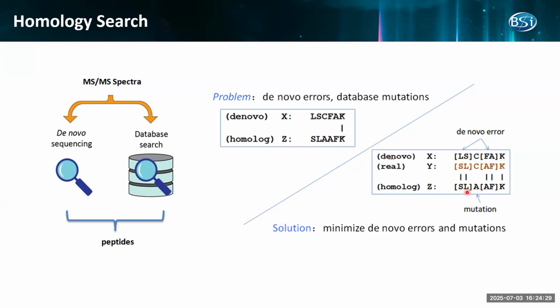So de novo might have made a mistake because of some tiny peak or a missing peak. It assigned ARS instead of SAR, and similarly FA and AF. However, we have a significant fragment ion to support that the third position is alanine instead of cysteine.